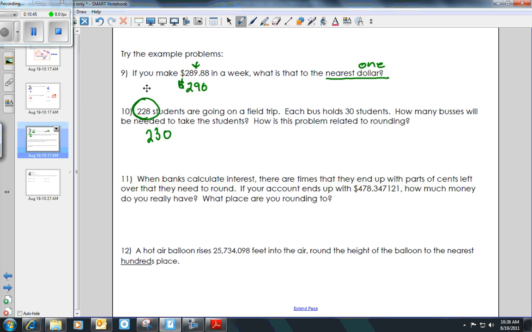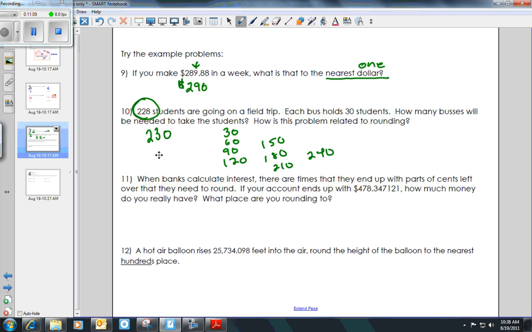So we're going to round up to 230, and then we could either divide it out, or we could say 30, 60, 90, 120, 150, 180, 210, 240.